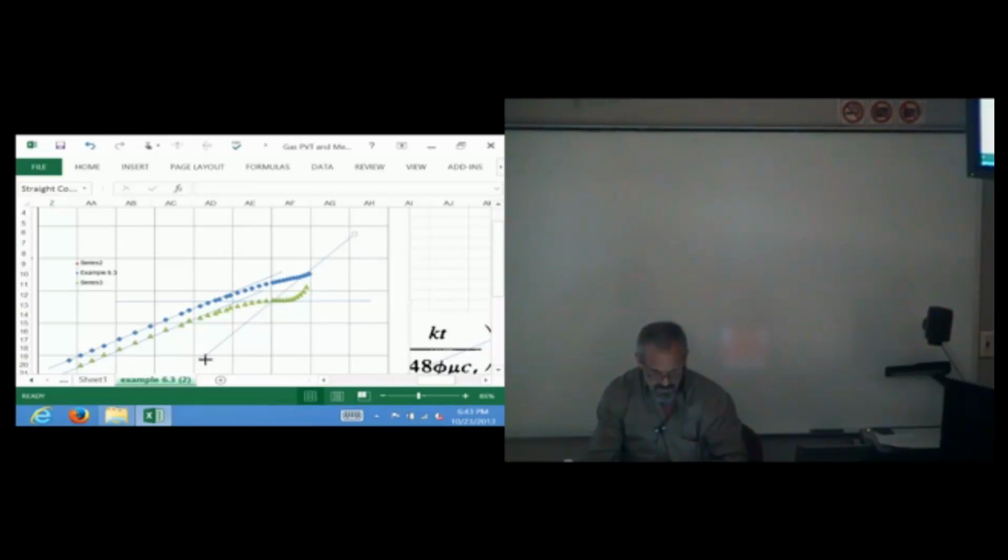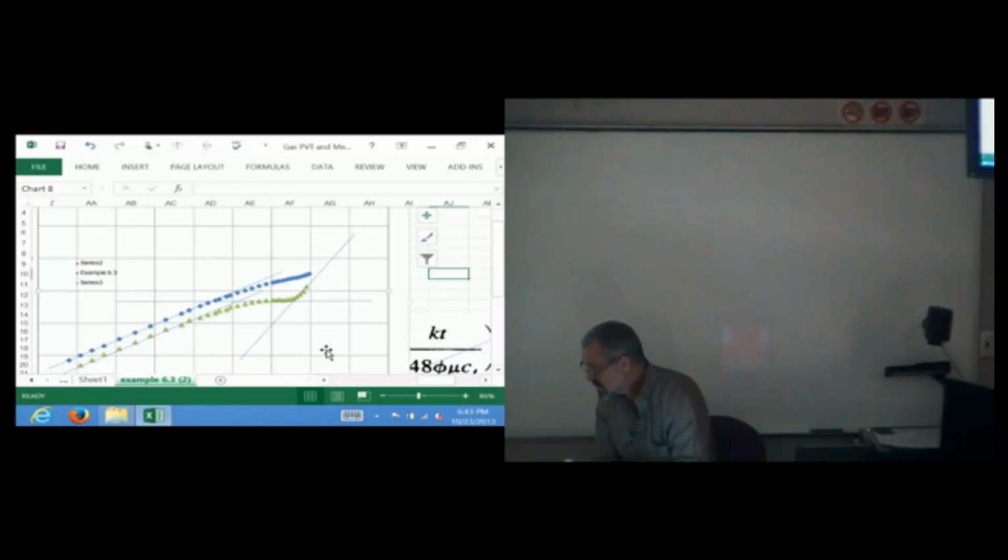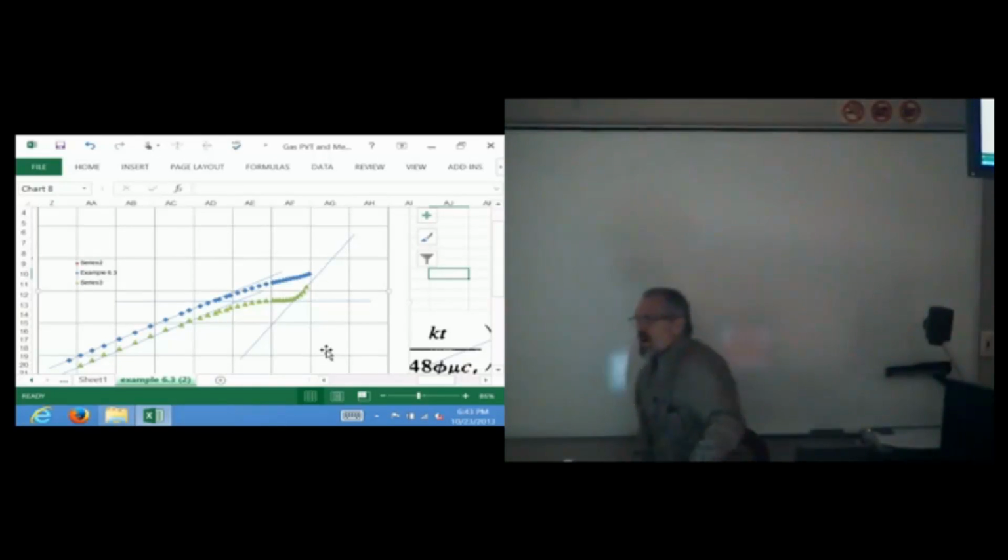Why does it have a slope of a half? You might remember very early on that I said the big difference between radial flow and linear flow is that in radial flow we usually take the semi-log of our time axis. And in linear flow, what do we do with the time axis?